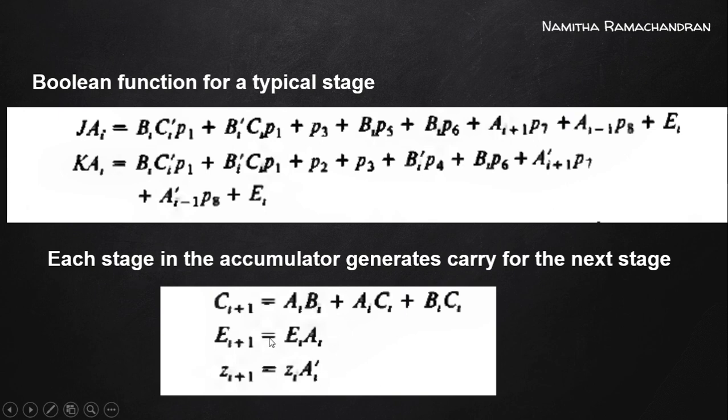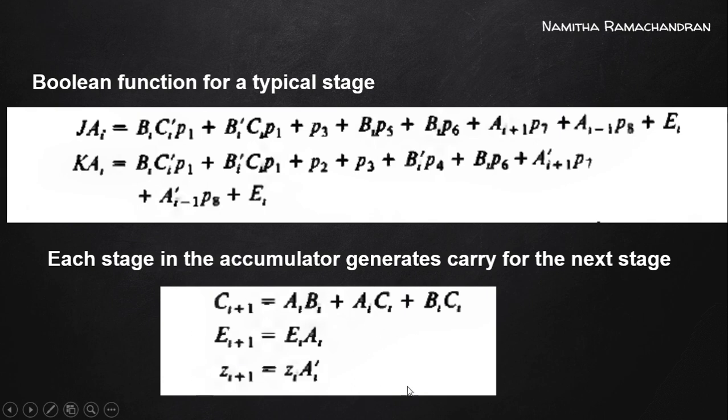And the carry out from each of the stages. What are the carry outs? C out and this E output. This is actually used in the increment operation, or the carry out generated in the increment operation. And this set output is used in case of condition checking. So these are the 3 carry out values from each of the stages.